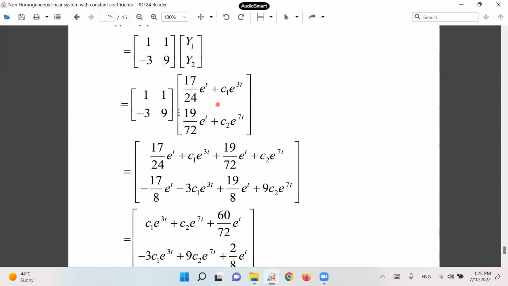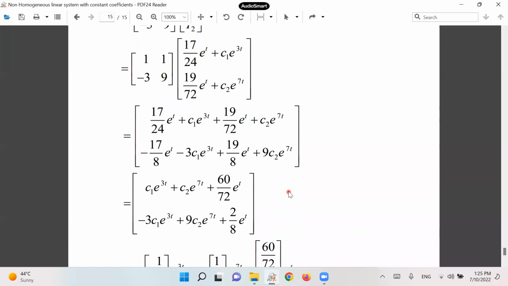these first elements. So minus 3 multiplied by this plus 9 multiplied by this. When we multiply minus 3 with this, we get minus 17 over 8 e power t, and when we multiply this with this, we get minus 3 into c1 e power 3t. Similarly, when we multiply 9 with this term, we get 19 over 8 e power t plus 9 into c2 e power 7t.